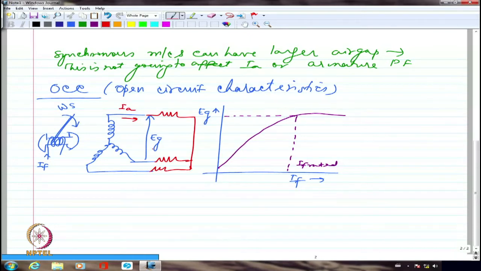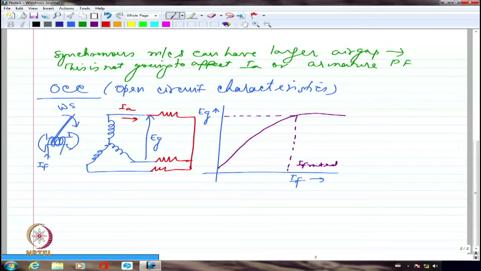I am saying this is IA per phase because it is anyway star connected. Phase current and line current are the same. So this is going to be the per phase current drawn by all the three-phase loads. Now these are three-phase currents.